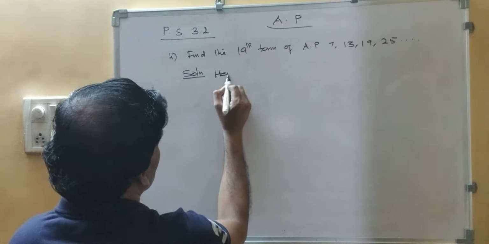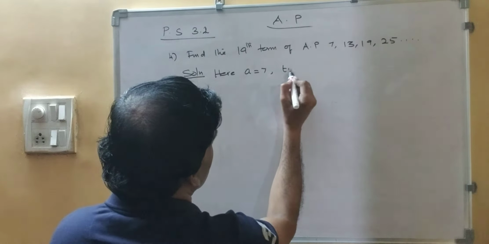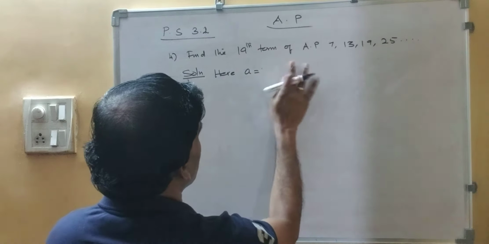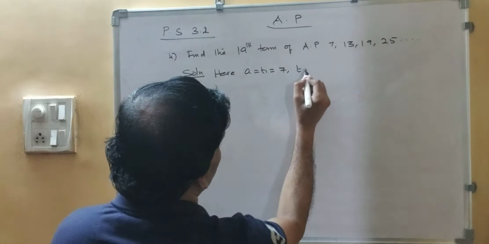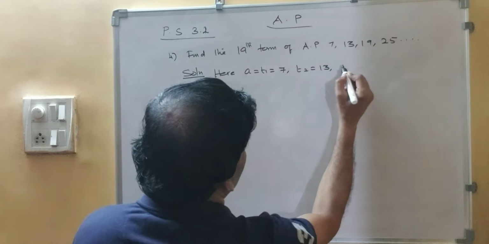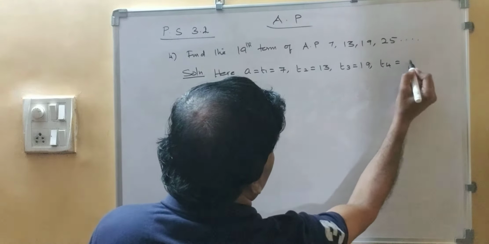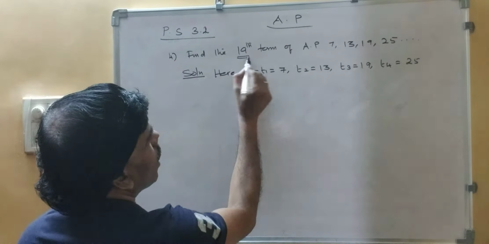Here A equal to T1 equal to 7. You write same only. Now T2 equal to 13, T3 equal to 19 and T4 equal to 25. Now we have to find out the 19th term.